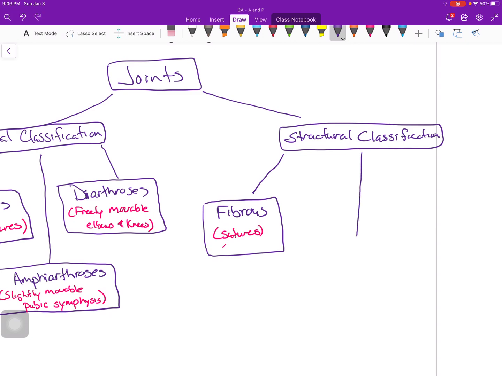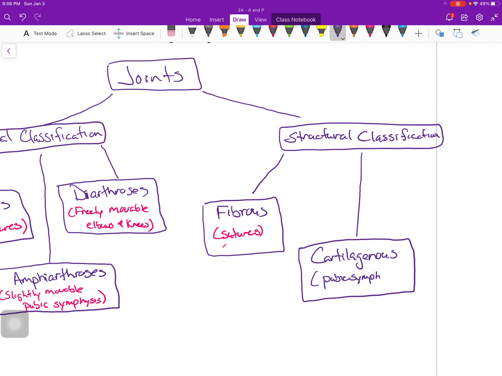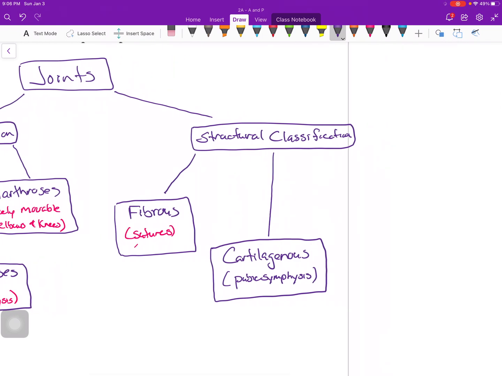The next one we want to do is cartilaginous. Make us a nice big box here. An example of cartilaginous, guys, is going to be cartilage, which would be like the pubic symphysis. All right, and so finally, the last one of those guys was synovial.